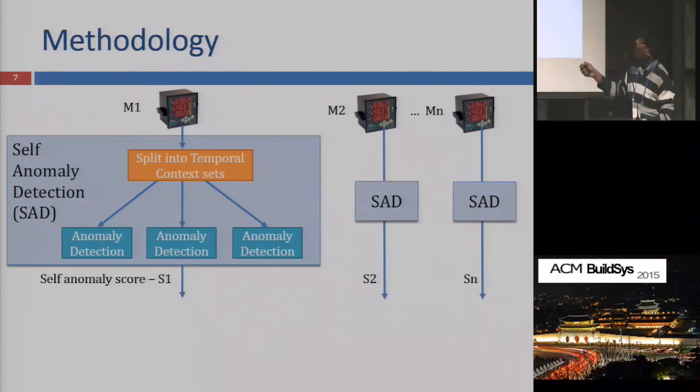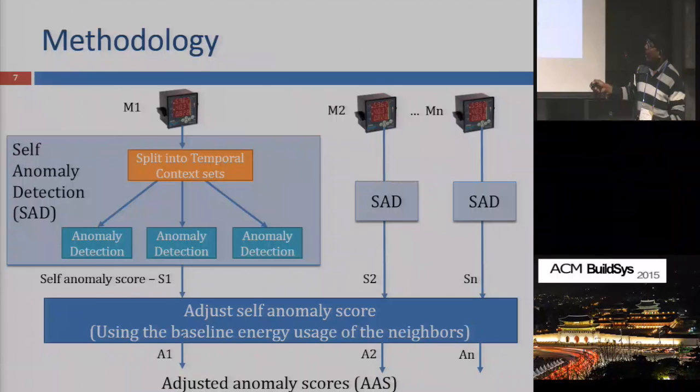You repeat this for all the meters in that particular neighborhood, and you get a self anomaly score for all the meters, that means all the buildings in a commercial complex or anything. Then, using the neighborhood information, and particularly the baseline correlation of these buildings, you can adjust this anomaly score for some unknown, rare anomalous events. After this, you will get the adjusted anomaly score. This is the overall picture of the method.